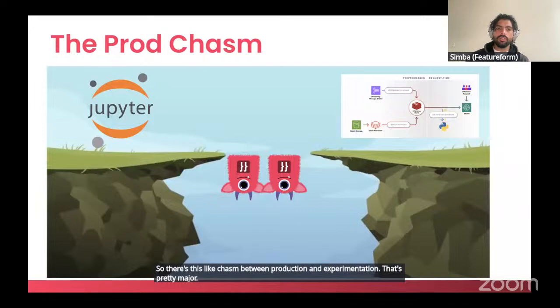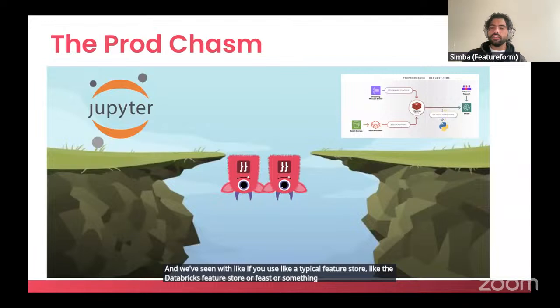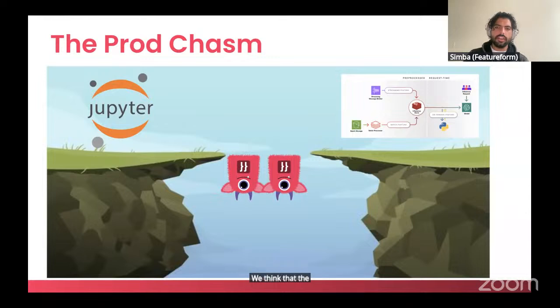And we've seen that if you use a typical feature store, like the Databricks feature store or Feast, it doesn't really help much, because you'll still have to build all your features. You have to build that feature pipeline and then just write them to the feature store. We think the way to solve this correctly is that the feature transformations have to inherently be part of the feature.